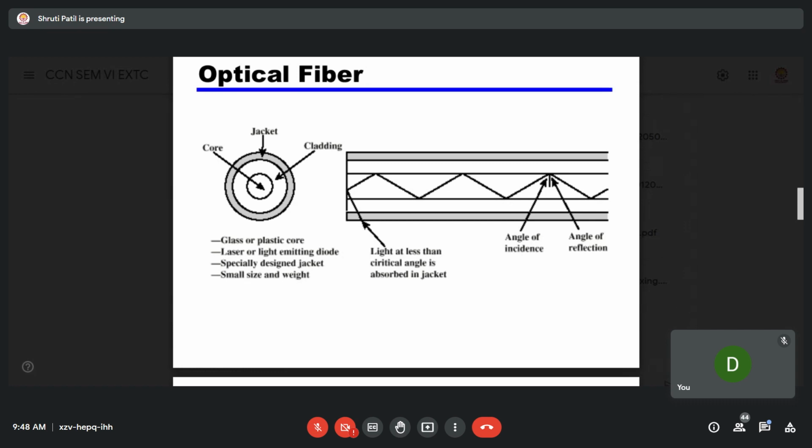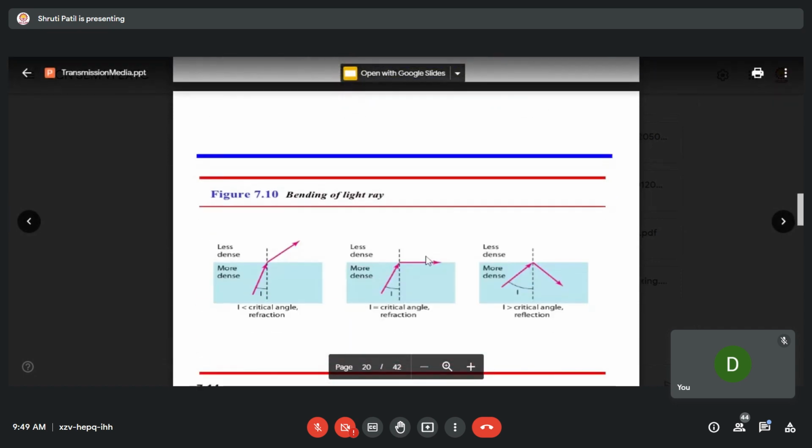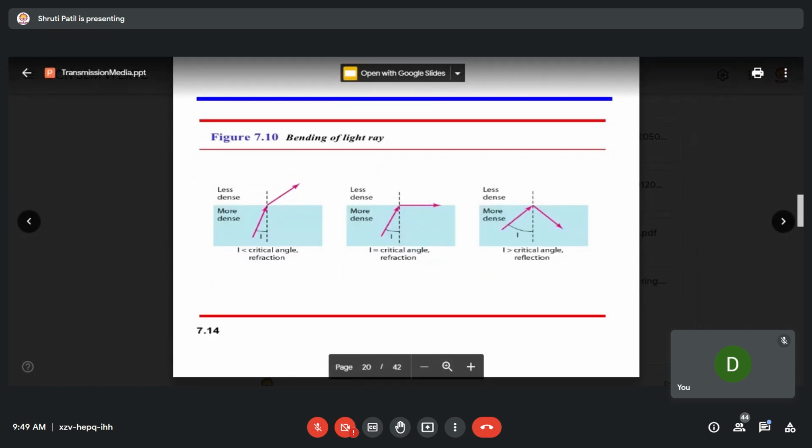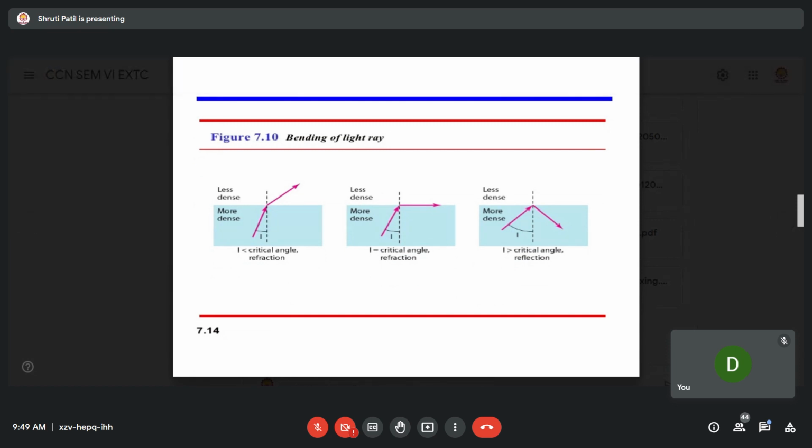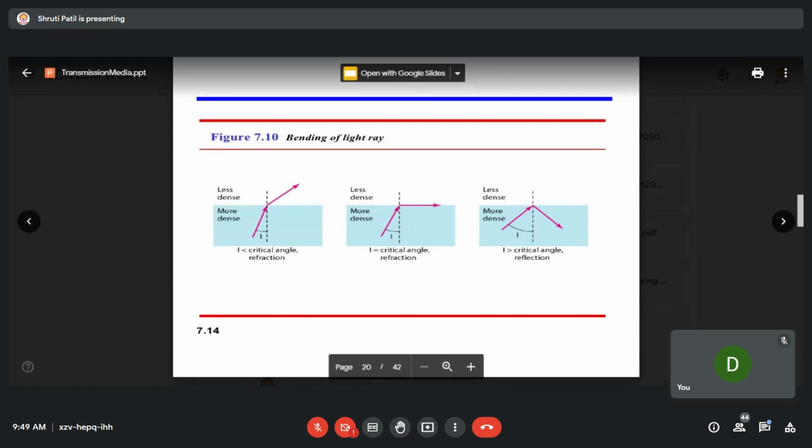The light travels through this core with reflection, and if any light is refracted, there is a shielding outside so that it does not escape. There is some critical angle of reflection. So this is how it works.